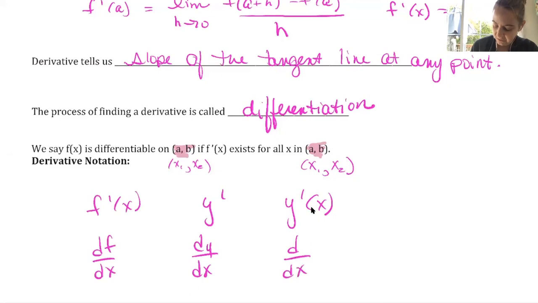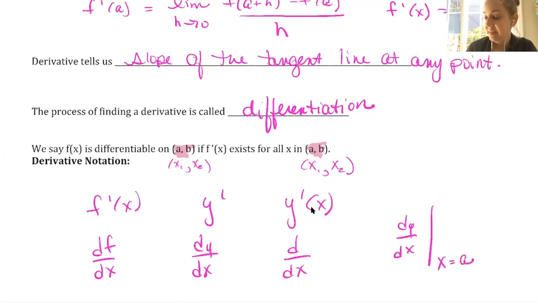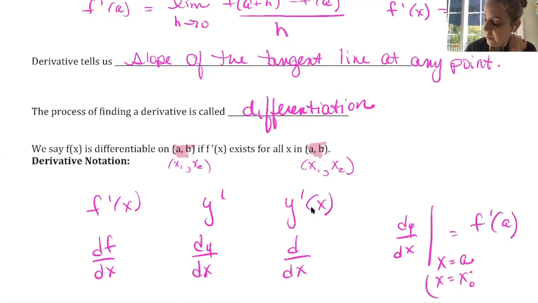All of these do. And there's one more for you, dy dx when x equals x sub zero or x equals a. Both of those mean the same thing. This is the derivative at a specific point. So if I want the slope of a curve when x equals 2, that's what we're looking at.